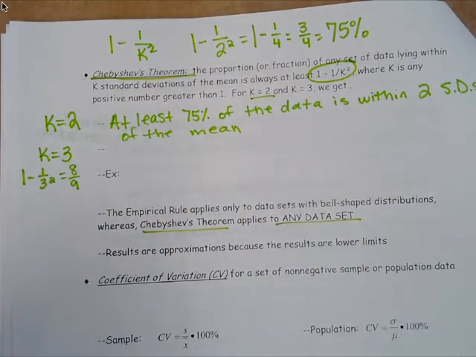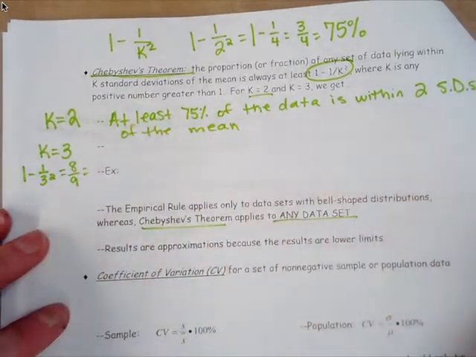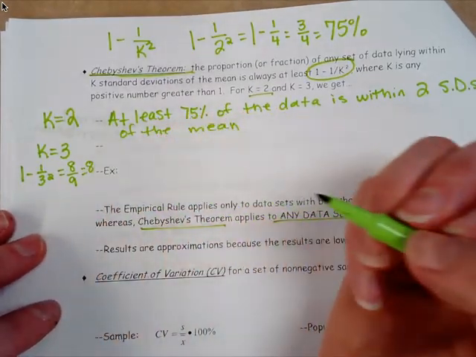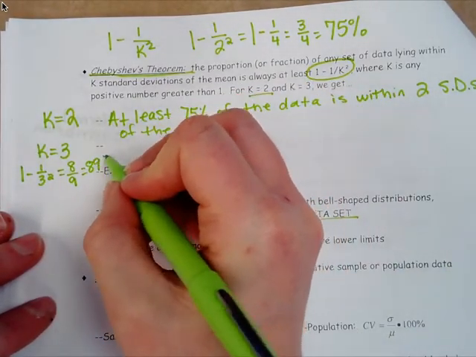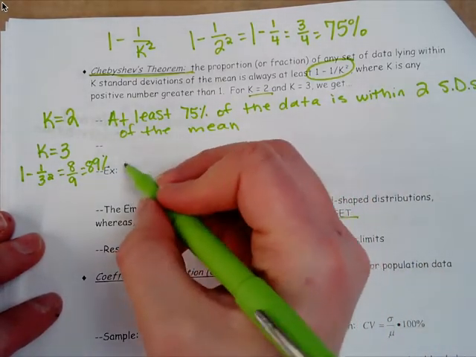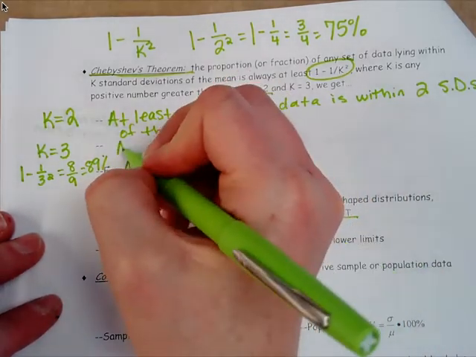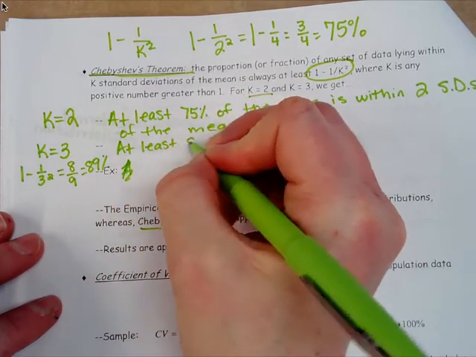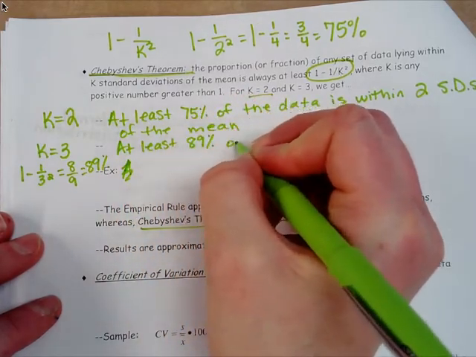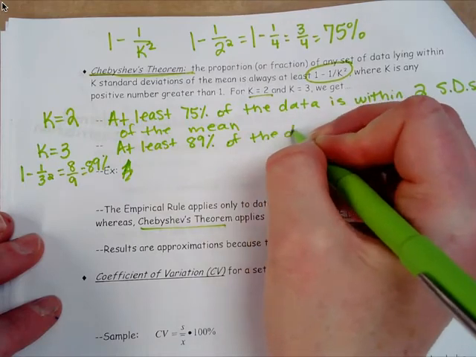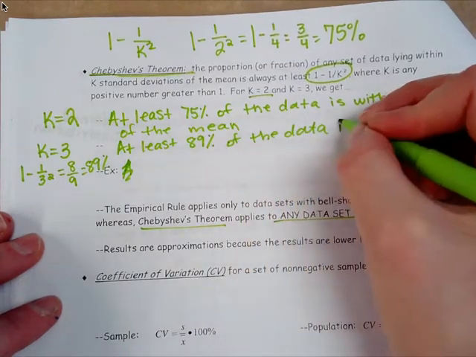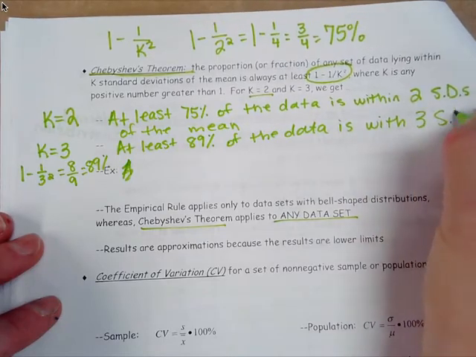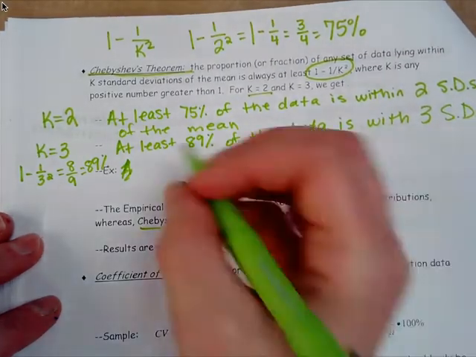Let's put it as a percent. 88 or 89 if we round, because it's like 0.888. So at least, oh, this should go up here, sorry, that's another example. So at least 89% of the data is within 3 standard deviations of the mean.